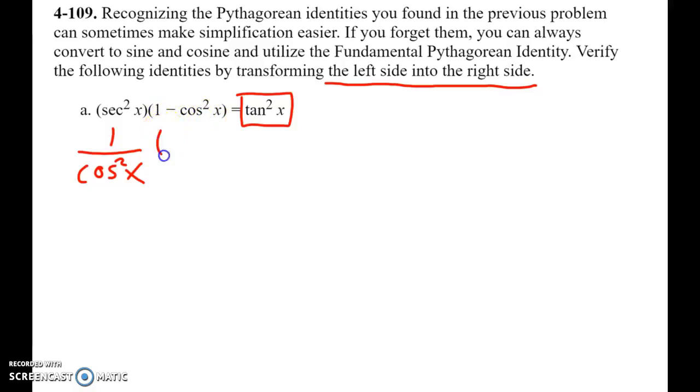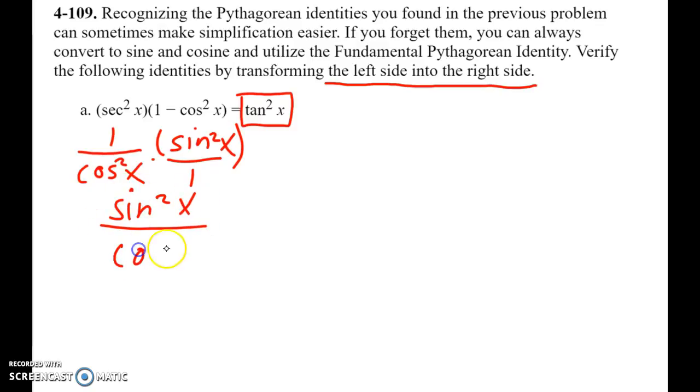So I'm going to trade that with sine squared of x. And if I multiply those together, I've got sine squared over cosine squared. And I know that sine squared of x over cosine squared of x, according to the identity, is the same as tangent squared of x. So they match.